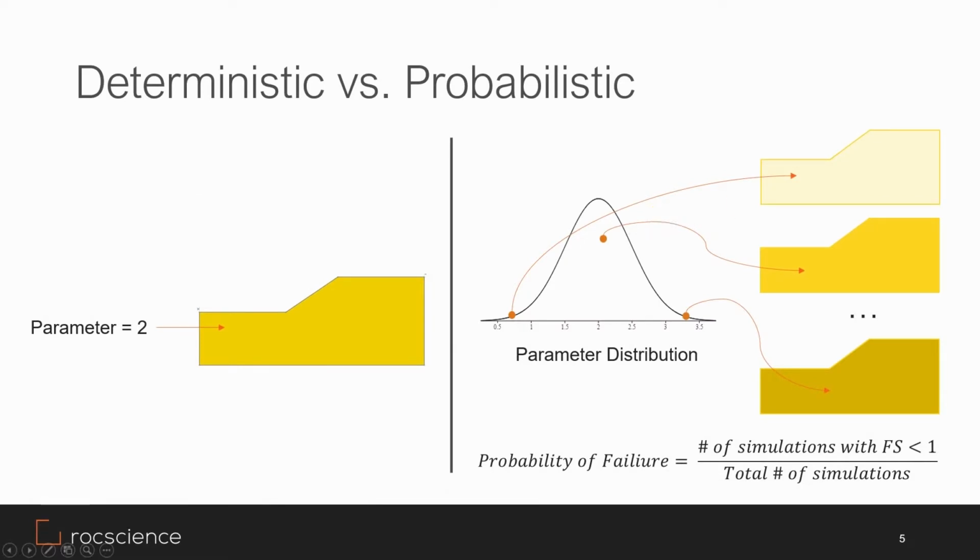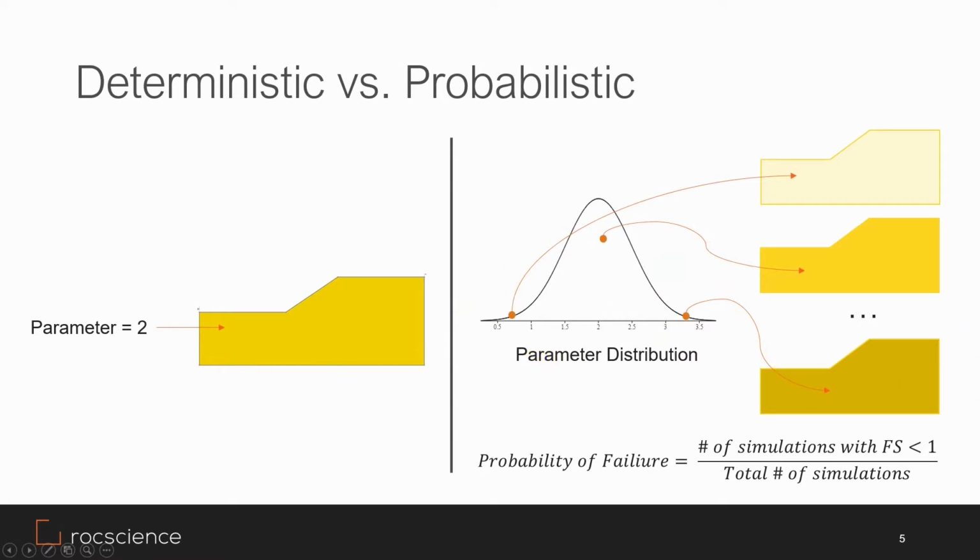What's the difference between deterministic analysis and probabilistic analysis? A deterministic analysis takes the parameter input as a single value. So cohesion is 2 kilopascals, for example, and so it runs a single analysis, computes a single factor of safety. A probabilistic analysis, on the other hand, takes parameter inputs as distributions. So say cohesion now is a normal distribution with a mean of 2 ranging from about 0.5 to 3.5.